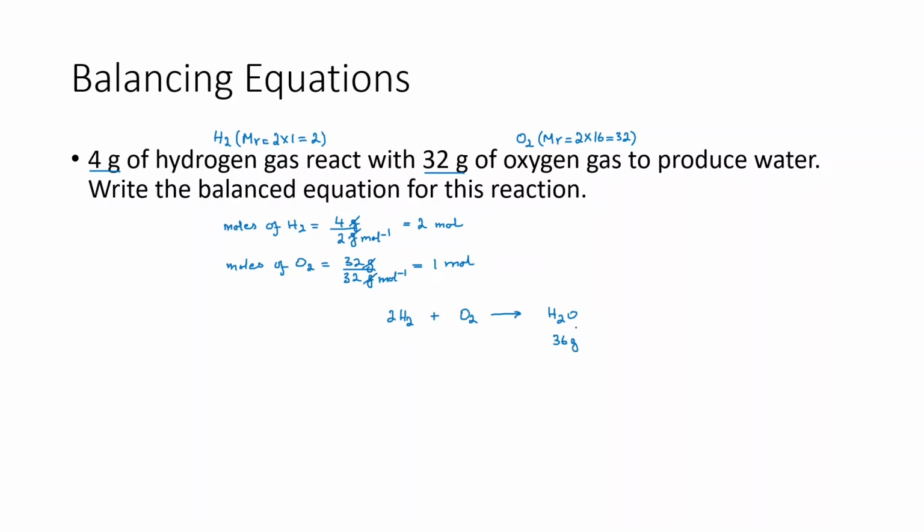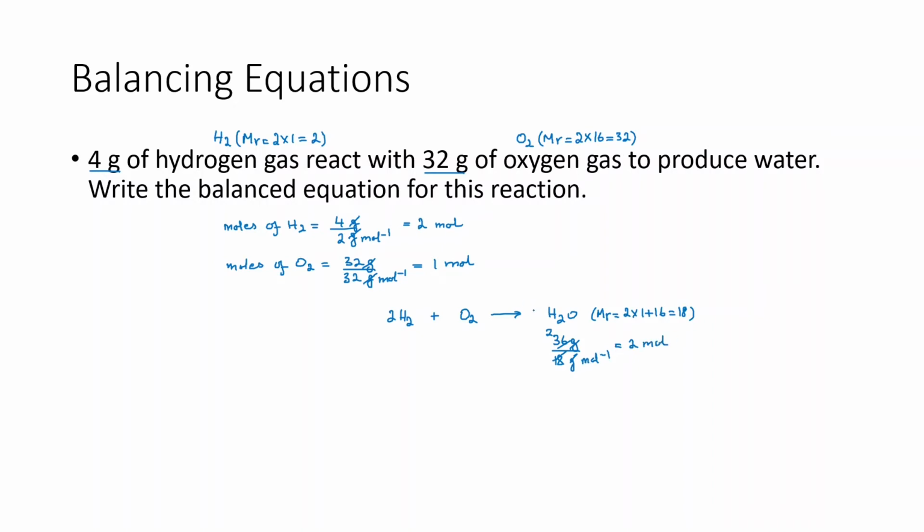And we know that the MR of water is going to be 2 times 1 plus 16, that is 18. So when I divide the mass by the MR in grams, which is the molar mass, then I'm going to get 2 moles.